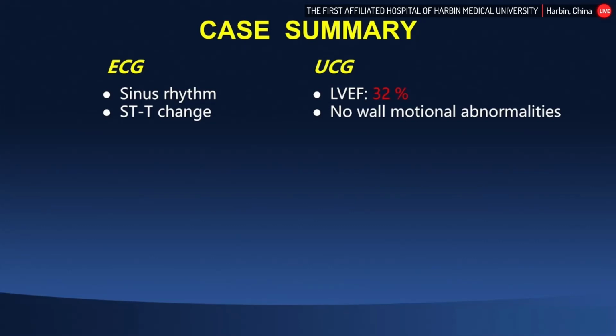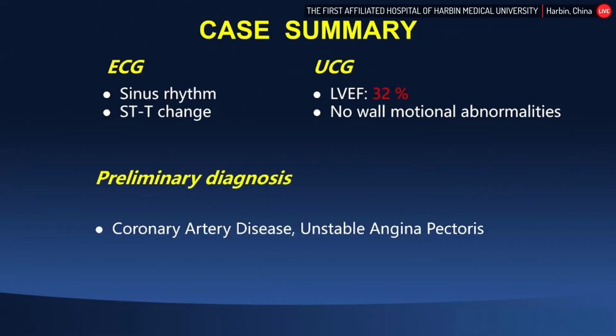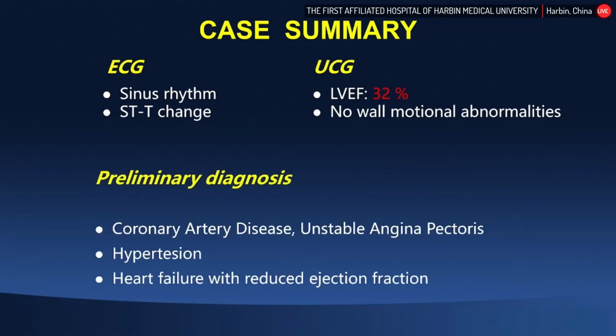UCG showed left ventricular ejection fraction is reduced, 32 percent. She was diagnosed as unstable angina pectoris, hypertension, and heart failure with reduced ejection fraction.